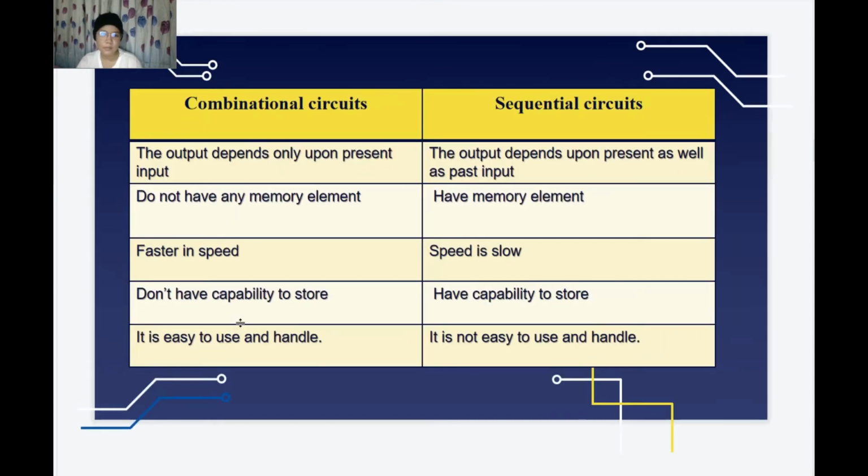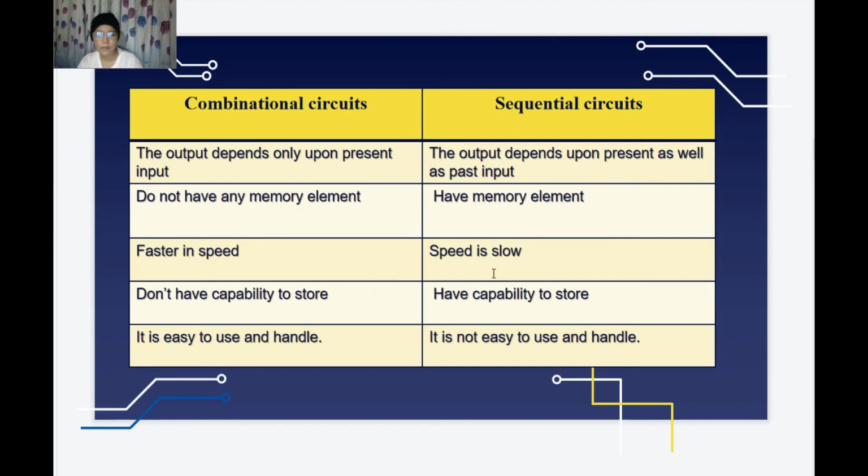The third one, combinational circuit is faster in speed, while the sequential circuit is slow, because in combinational circuit it depends only upon the present input. So it applies simultaneously in the circuit. So that's why it is faster.